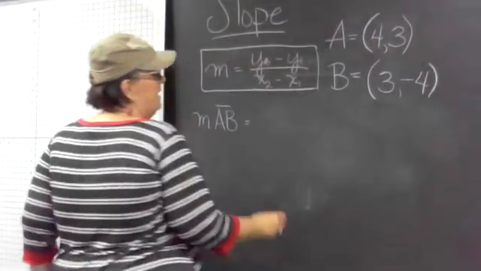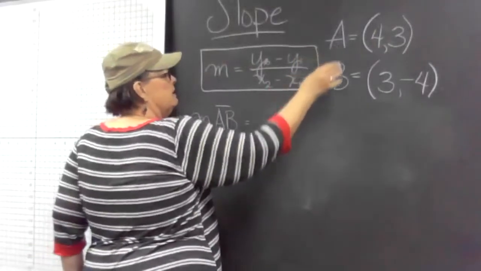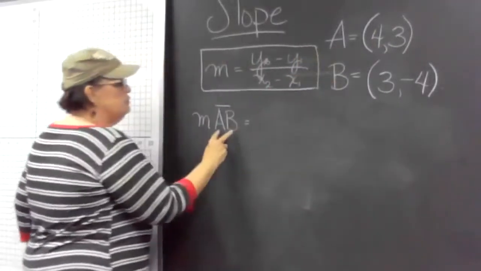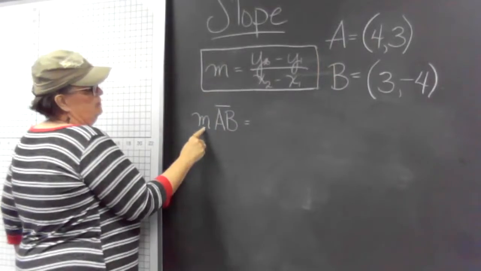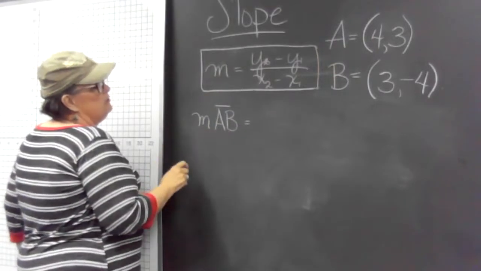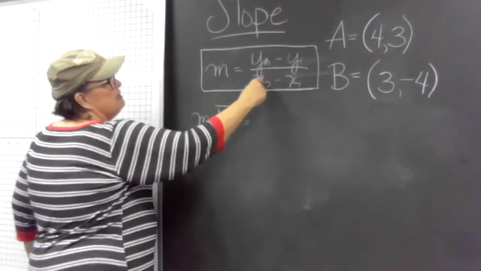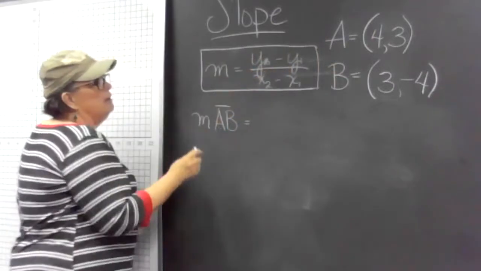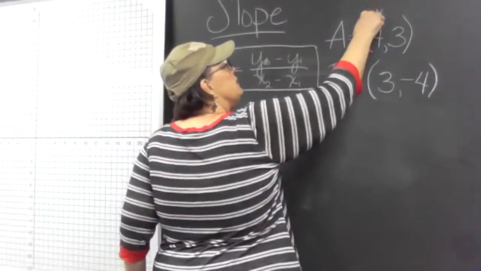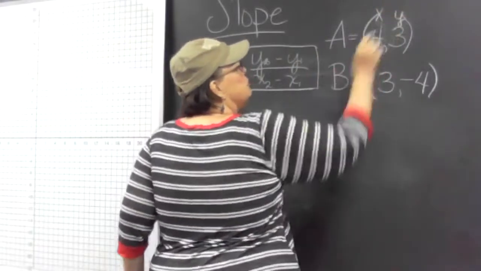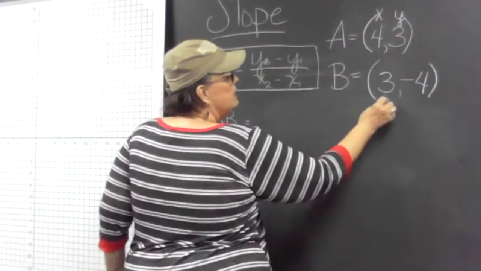All right, after we find the coordinates of A and the coordinates of B, then we can use the slope formula to find the slope of segment AB. Now, the way I find where all these X's and Y's are is in our coordinates, we always know that the first one is X. The second one is Y, always.